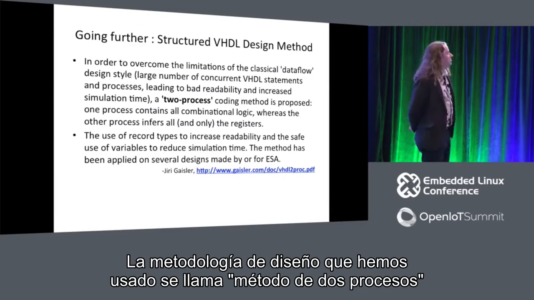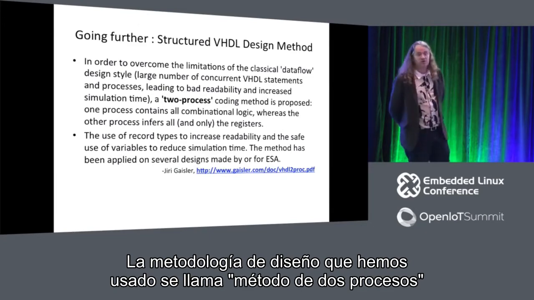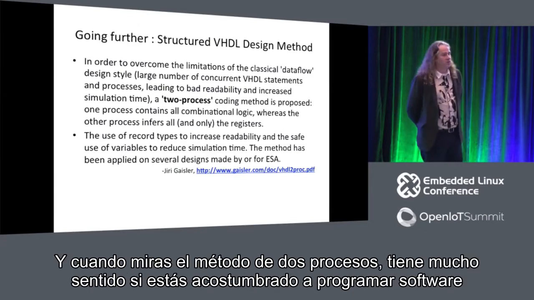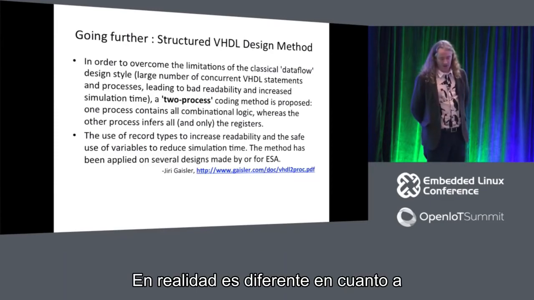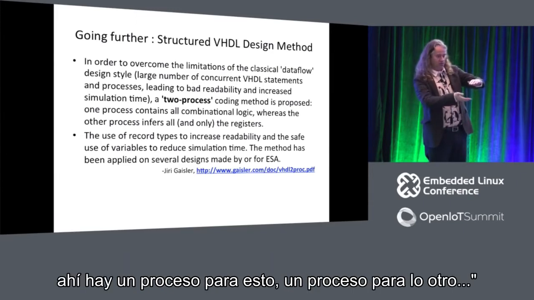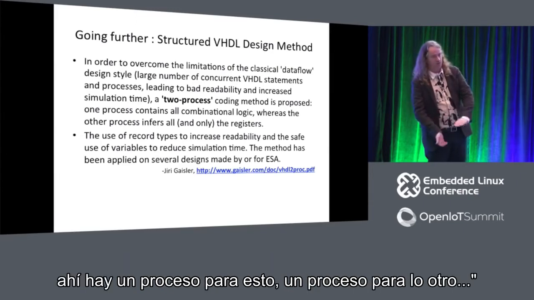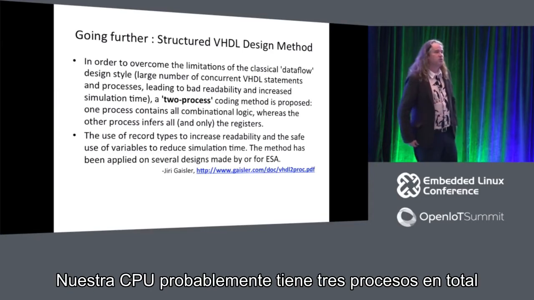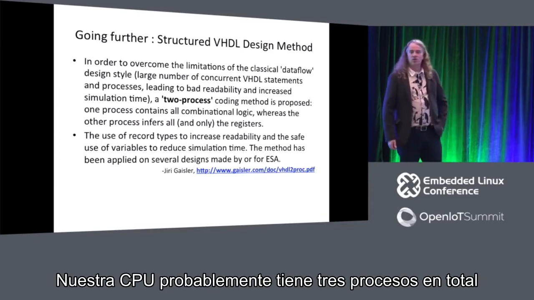The design methodology that we used for this is called the two-process method. And when you look at the two-process method, it makes an awful lot of sense if you're used to doing software programming. It actually is different than, okay, I need a latch, so I'm going to put an always loop in Verilog there, and there's a process for that, and a process for this, and a process for that. Our CPU probably has 3 processes in total.